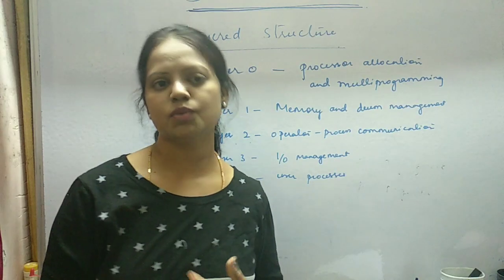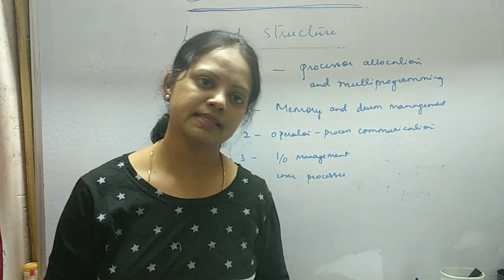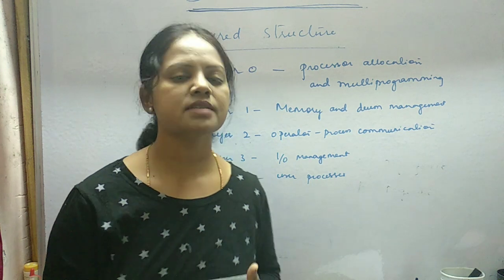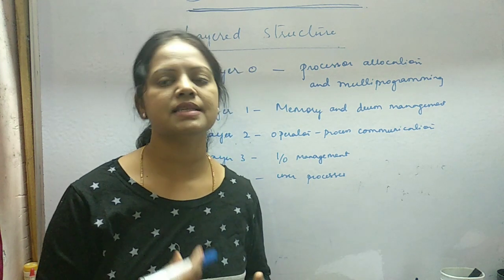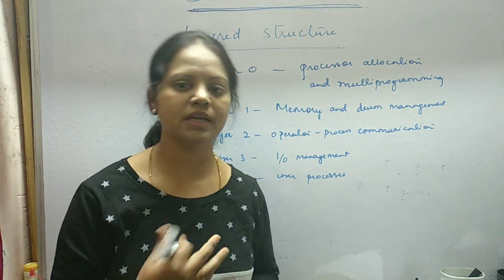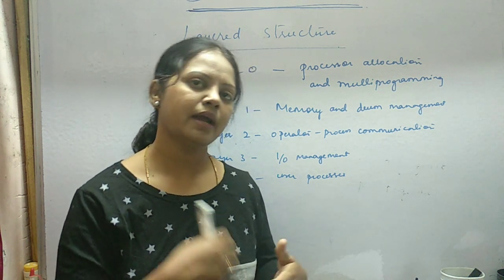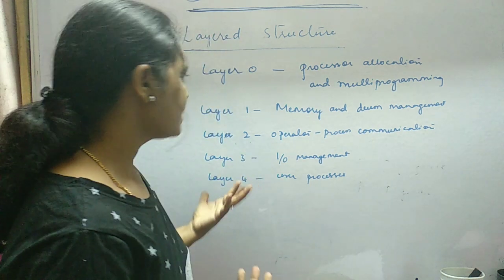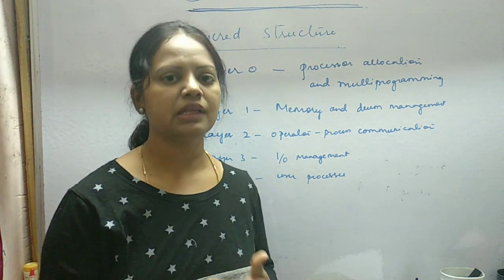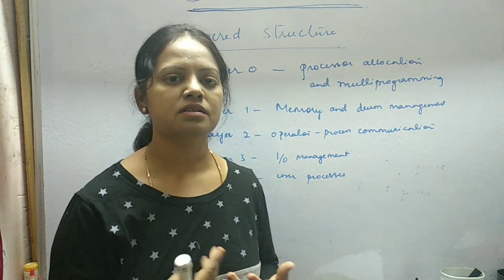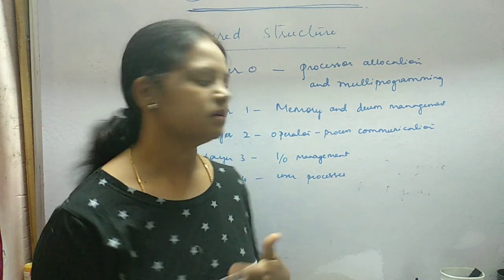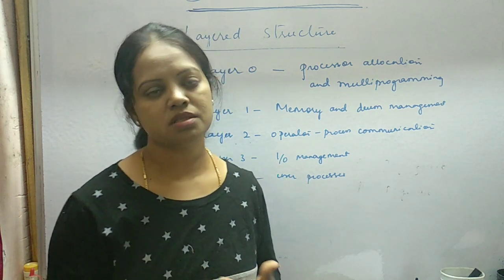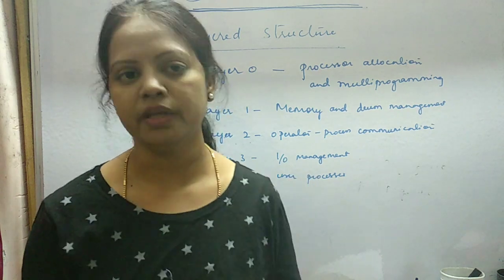So now let us discuss the layered structure of an operating system. We know that the layered structure of an operating system has evolved in many different ways using different abstractions and also many numbers of layers. So this describes a multi-programming system that uses a multi-layered structure and also processors as an abstraction in the lower layer.